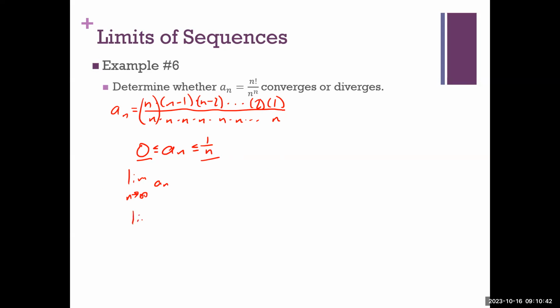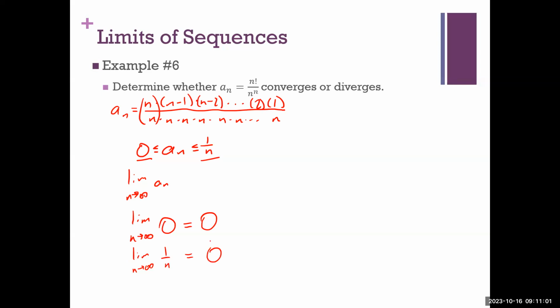What can I say about the limit as n approaches infinity of 0? That has to be 0, right? The terms never change. What's the limit as n approaches infinity of 1 over n? Also 0.